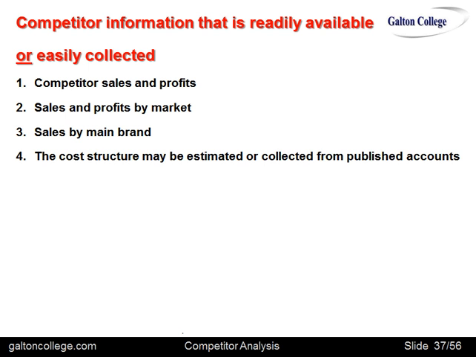The cost structures may be estimated or collected from published accounts. It depends on if the accounts are published. It depends on the type of business. If it's a private business, a private company, then the accounts are not published. But as I said, it's still possible to get some understanding of the likely cost structure and the likely profitability of the business from the behavior of the business.